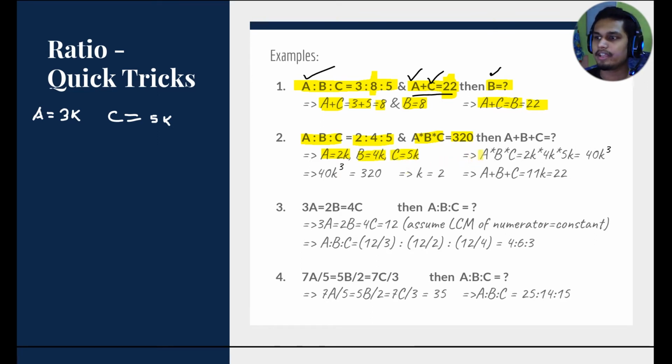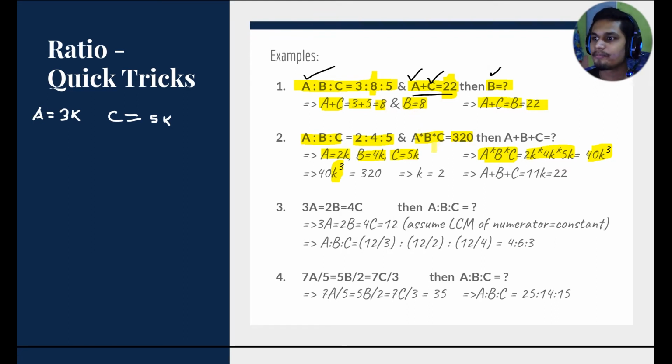If we multiply A into B into C, we will get 2K into 4K into 5K, and the result will be 40K cube. Here if we omit that K, we will omit K cube, right? In the previous example we can omit K, because for A plus C the value will be 8K and for B the value will be 8K.